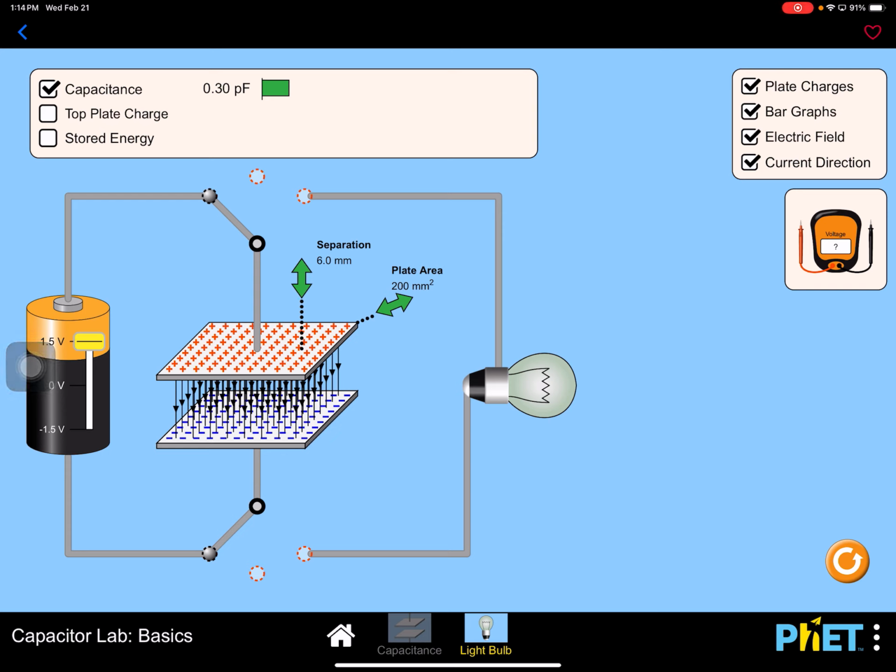Why did I move the cheese from here to there? Why not leave it just there? Because this guy can release the energy very fast, while this guy can only release energy very slowly.